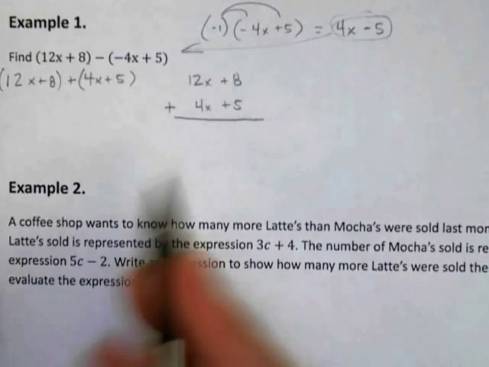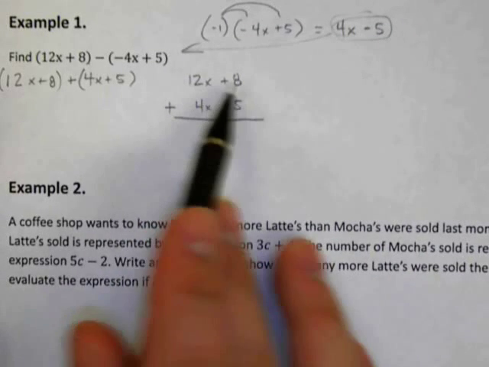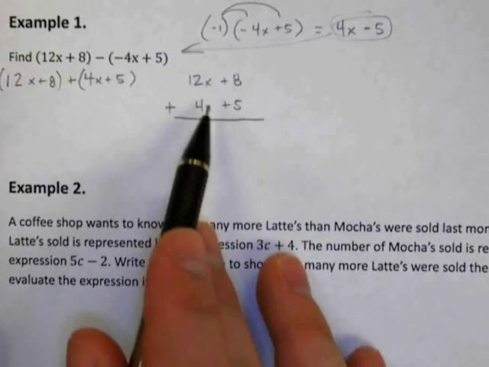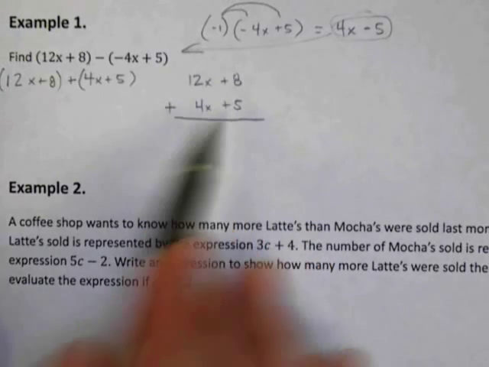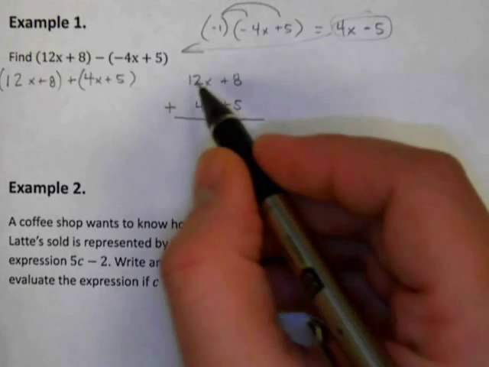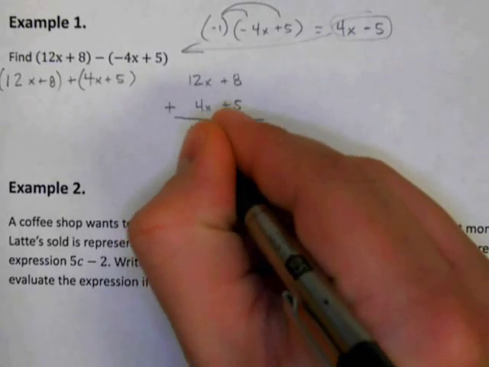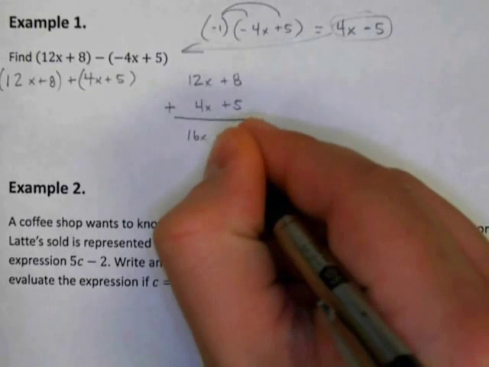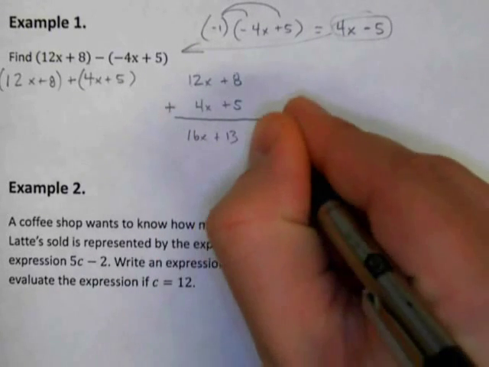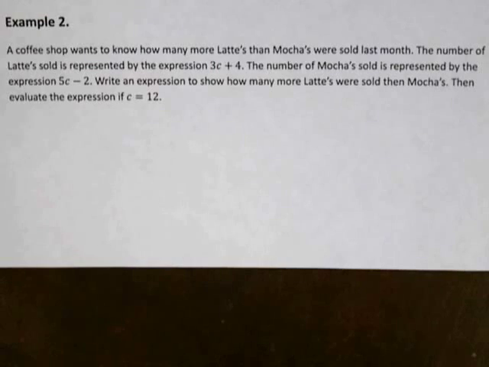And I know there's a few different ways that we can add expressions. Remember, I could have just reordered it so that the like terms were together, 12x and 4x, and then 8 and -5. A lot of people, I think, enjoy this method, so we're going to do that. And now this adding becomes easy. 12 plus 4 is 16x, and 8 plus -5 is just 3. And we have solved. Okay, let's do example 2.